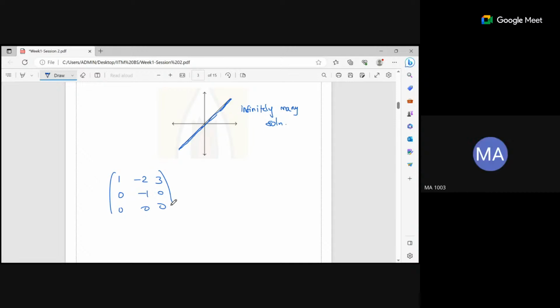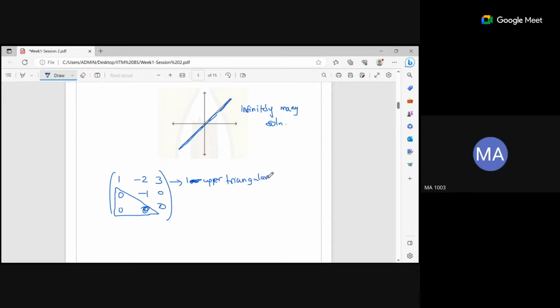The only condition we have to see is whether the part below or above the diagonal is all 0 or not. If this condition is satisfied, you don't have to worry about the other entries. This is definitely an upper triangular matrix. If this is 0, then it is triangular. Is that fine? Yes, ma'am.